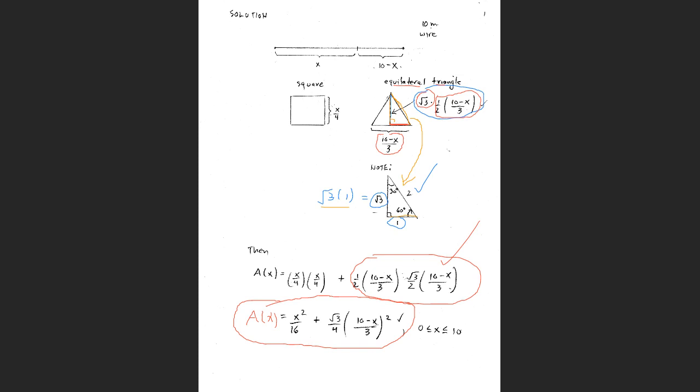And I could expand this part out, but what do I want to do with my area function? In order to maximize the area, I want to take the derivative. So I kind of like the area function as it is for taking the derivative. But you could expand it out, use FOIL.